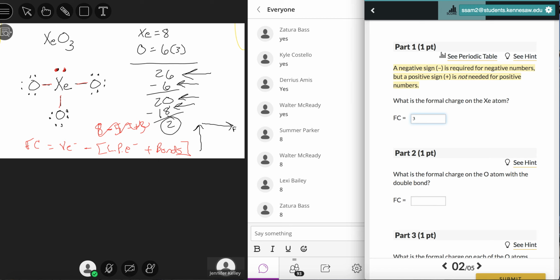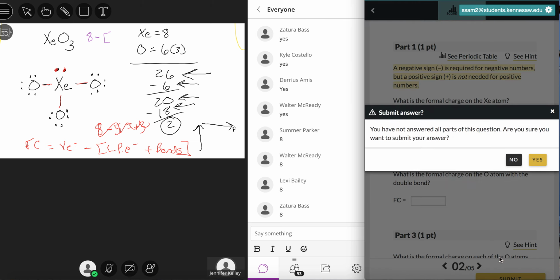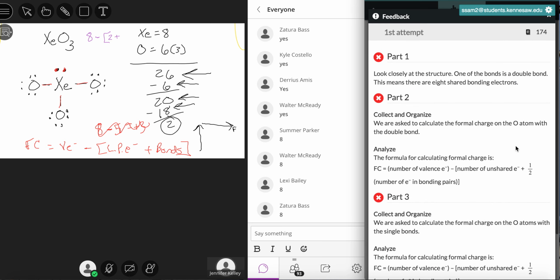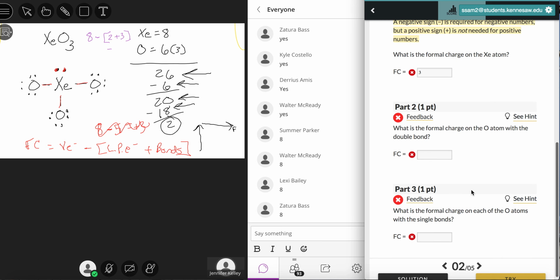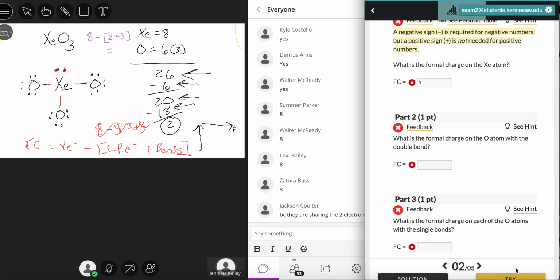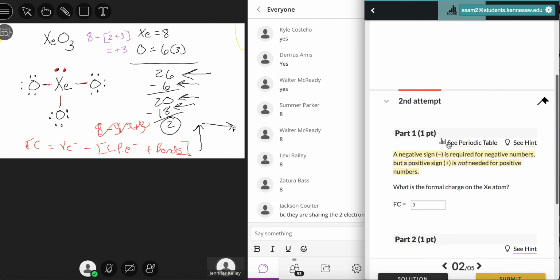So in the case of xenon, we have 8 minus the 2 lone pair electrons plus the 3 bonds, and that equals plus 3.